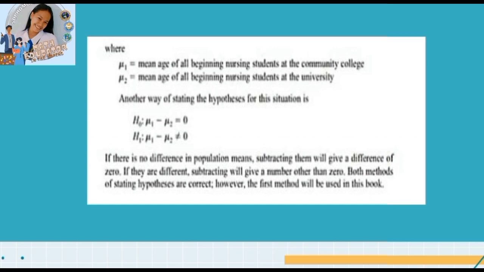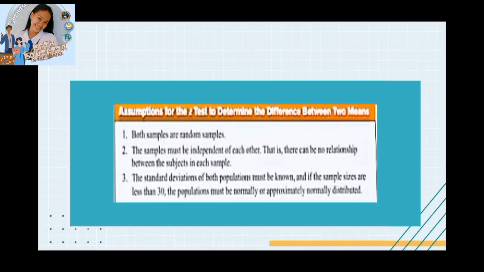If there is no difference in population means, subtracting them will give a difference of 0. If they are different, subtracting will give a number other than 0. Both methods of stating hypotheses are correct. However, the first method will be used in this book.